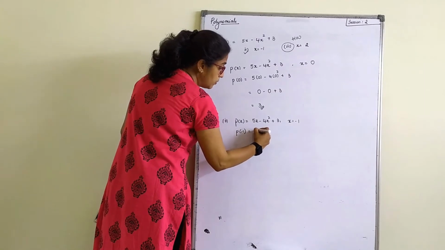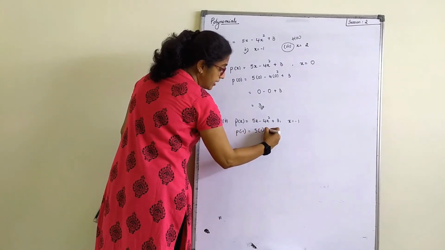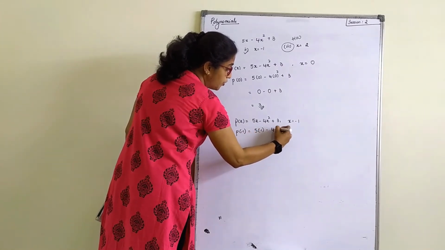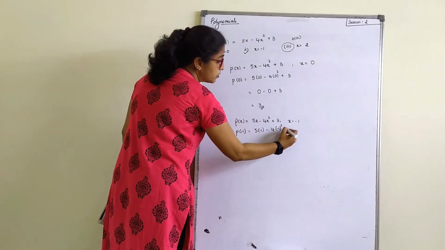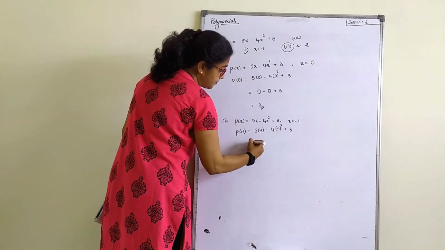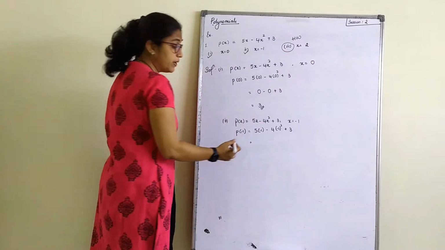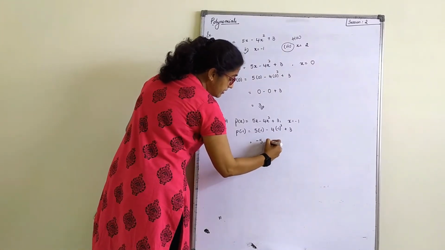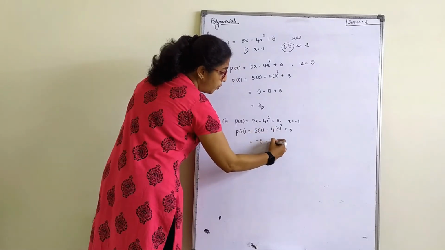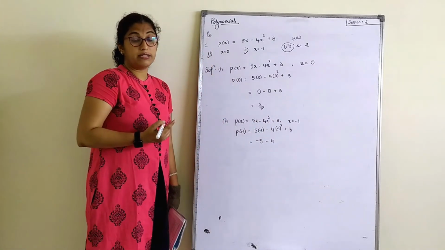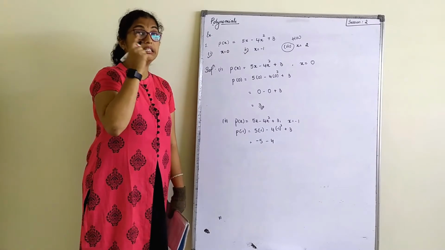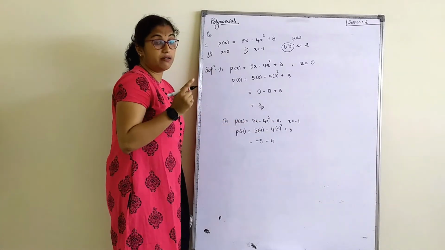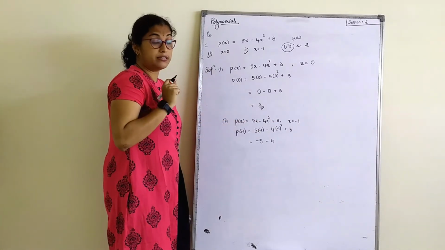So this will be now 5 into minus 1 minus 4 into minus 1 whole square plus 3. 5 into minus 1 is minus 5. Now keep this minus as it is. Now minus 1 whole square, a negative number raised to an even power, so the answer will be positive.